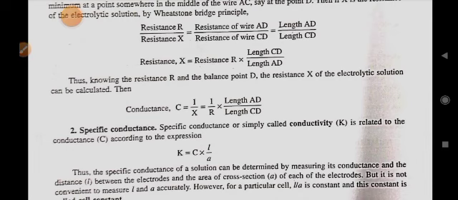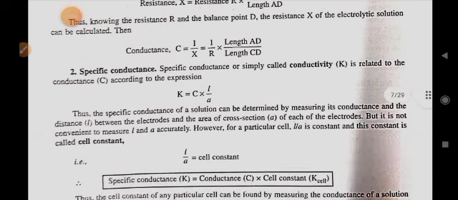Resistance X is equal to resistance R into length CD upon length AD. Thus, knowing the resistance R and the balance point D, the resistance X of the electrolytic solution can be calculated. Then the conductance C is equal to 1 by X, which is equal to 1 by R into length AD upon length CD.